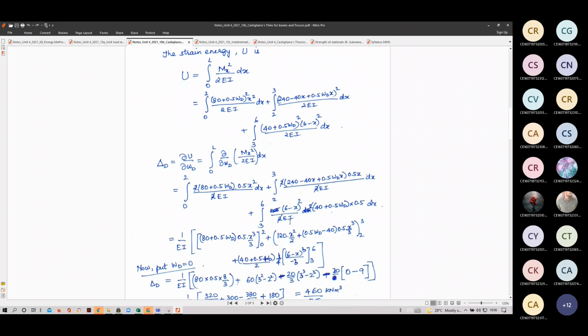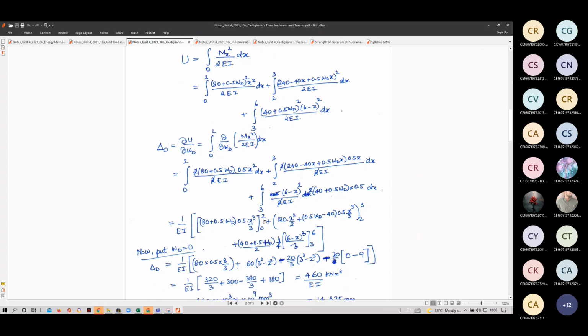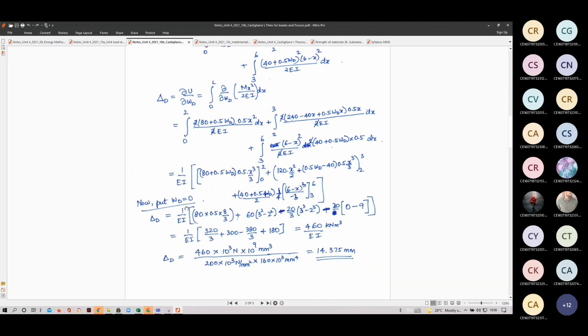And then once you differentiate, you carry out the integration. And once you do the integration, substitute WD equal to 0. When you substitute WD equal to 0 and simplify, you will get this result. So this is your delta D.